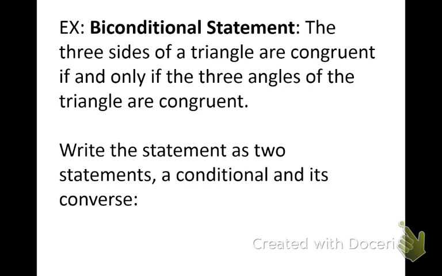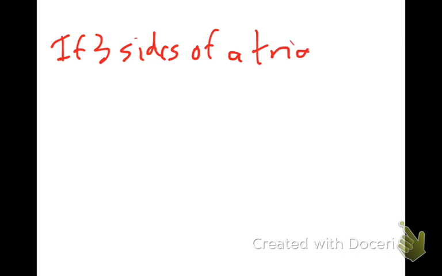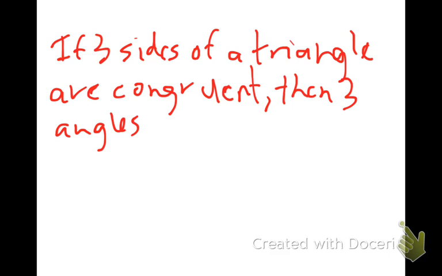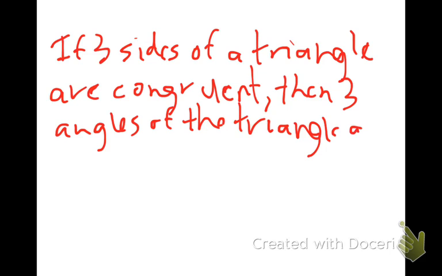Let's write out the 2 statements. We could write: if 3 sides of a triangle are congruent, then 3 angles of the triangle are congruent.